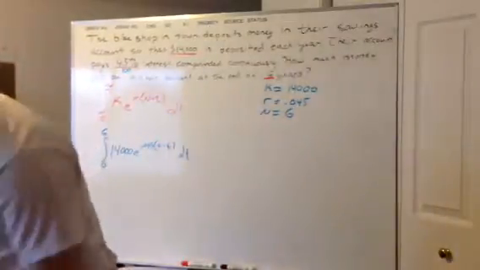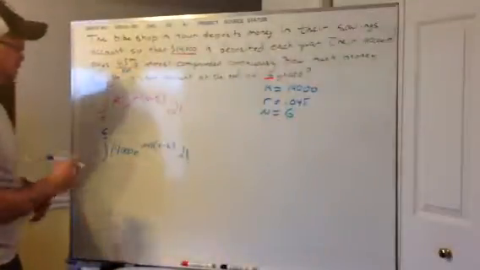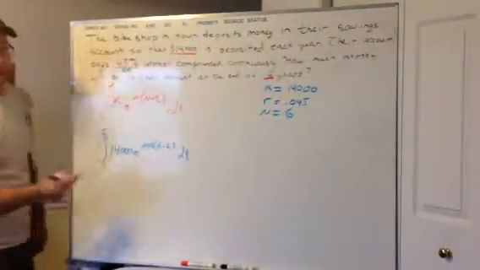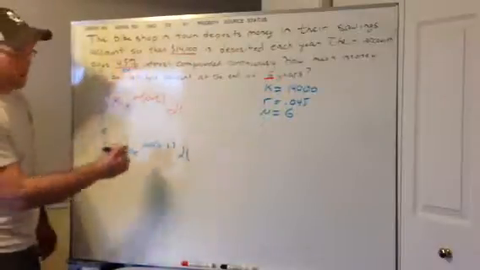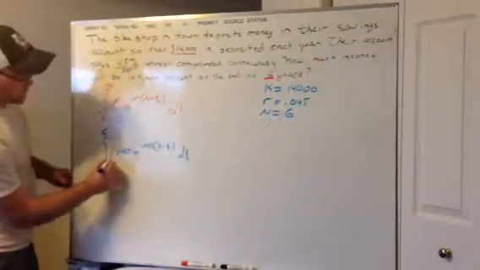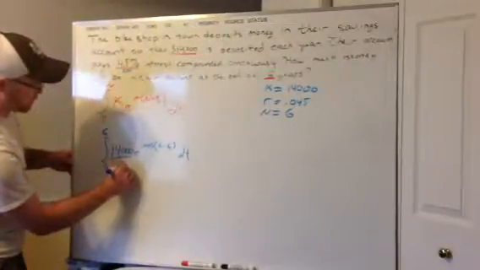Let me pull up my notes to make sure I'm doing this right. To do the antiderivative of this exponential, we pull the K value, this front value, in and divide it by this number here, 0.045.